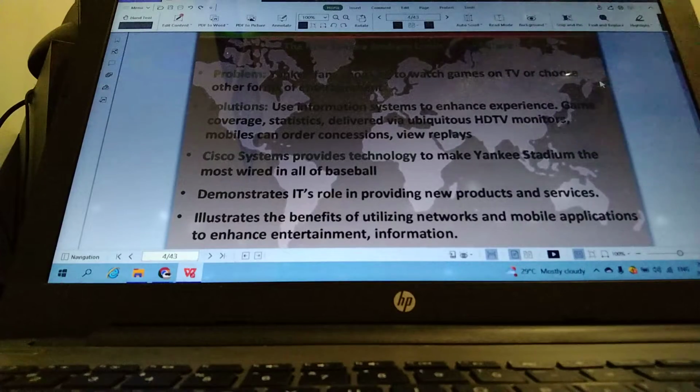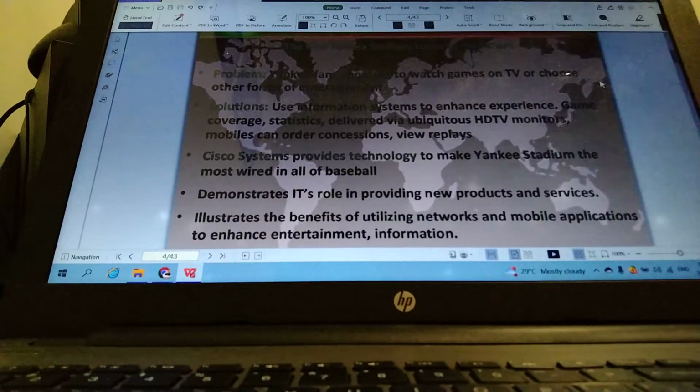So what they are looking at is how they can make use of the value or benefits from MIS or IT to overcome this and give their fans more opportunities and flexibility in watching the games. One of the solutions recommended is to use information systems to enhance the viewer's experience in terms of game coverage and statistics.